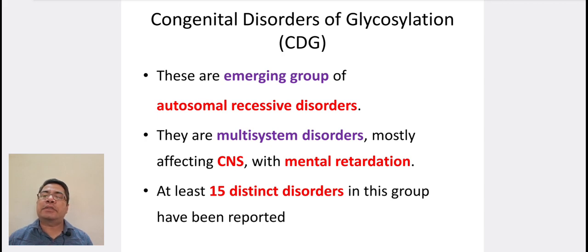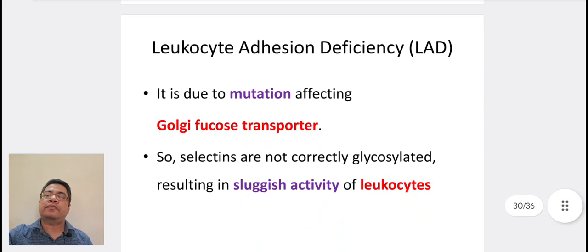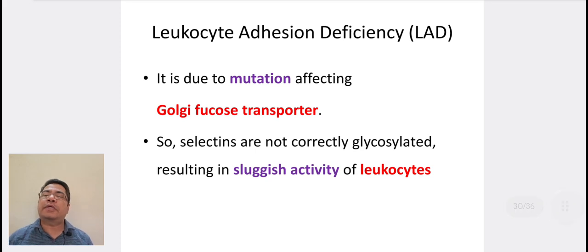At least 15 such distinct disorders in this group have been reported. Leukocyte adhesion deficiency is due to mutation of the Golgi fucose transporter, so selectins are not correctly glycosylated, resulting in sluggish activity of leukocytes.